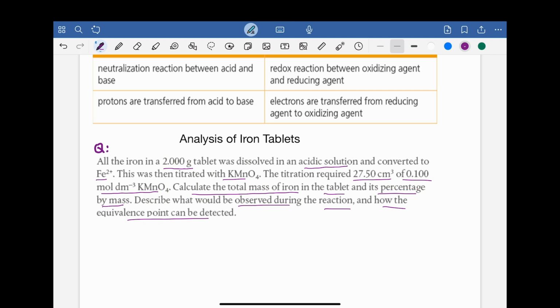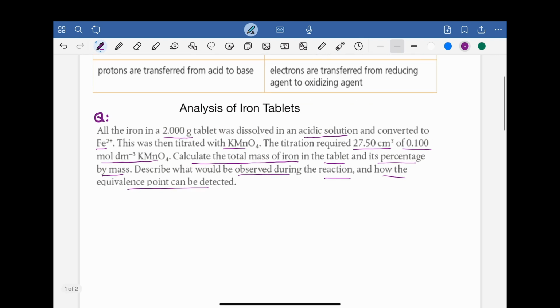So let's write down the balanced chemical equation before answering this question. So we have MnO₄⁻, that will get reduced to Mn²⁺. MnO₄⁻ is purple in color.